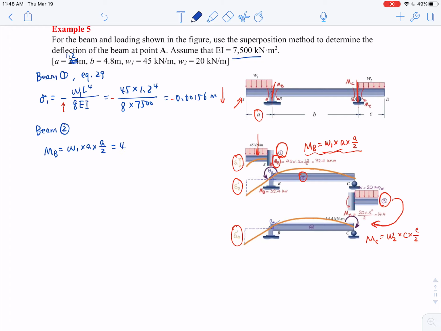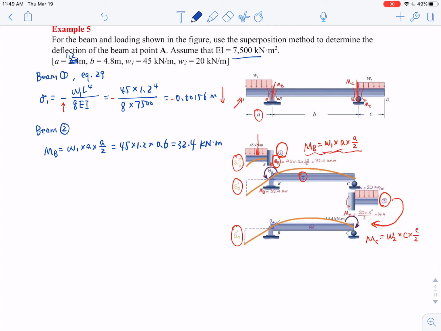It's 45 times 1.2 times 0.6. Then you will get 32.4 kilonewton meter.